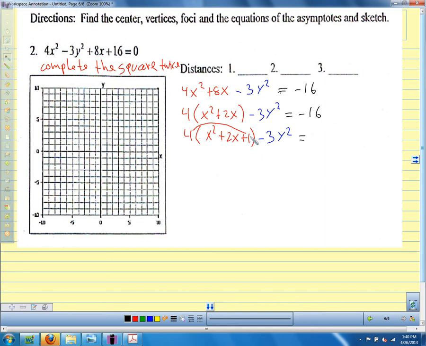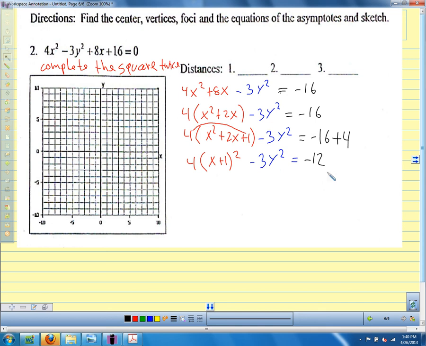So I'm multiplying this side, I'm adding 4 to this side. So I'm going to add 4 to the other side to keep my equation the same. I'm going to write this as 4 times x plus 1 squared minus 3y squared equals negative 16 plus 4 is negative 12.